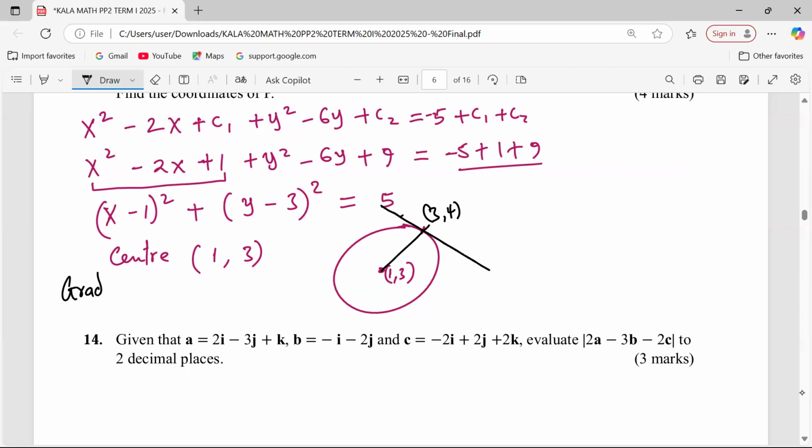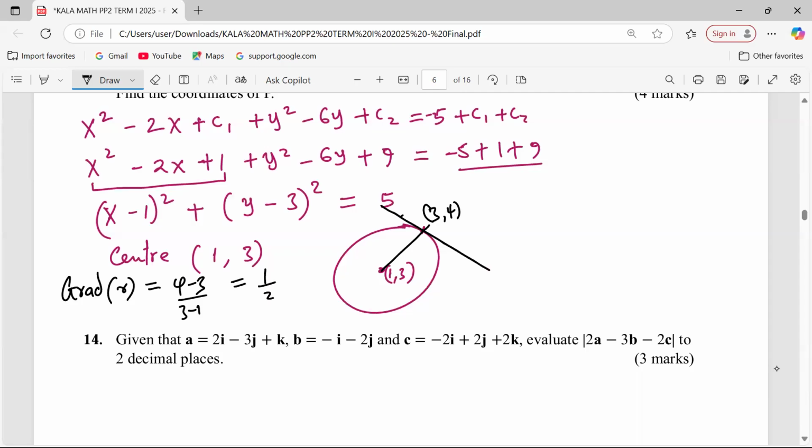Gradient of radius: because the radius is passing through (1, 3) and also (3, 4), we take 4 minus 3 over 3 minus 1. This is 1 over 2.